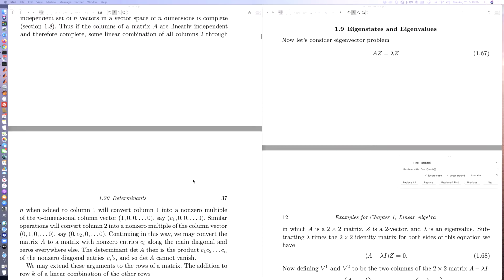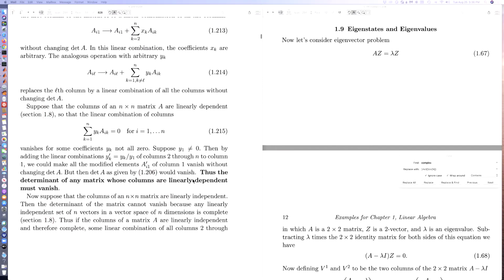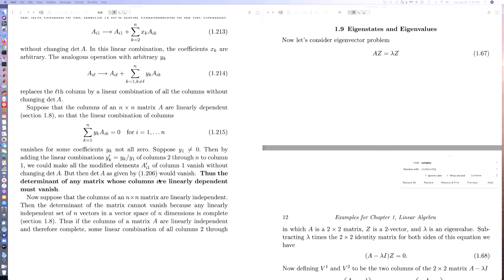Well, first of all, we saw that if you added, say, a multiple of one column to another column, you didn't change the determinant.